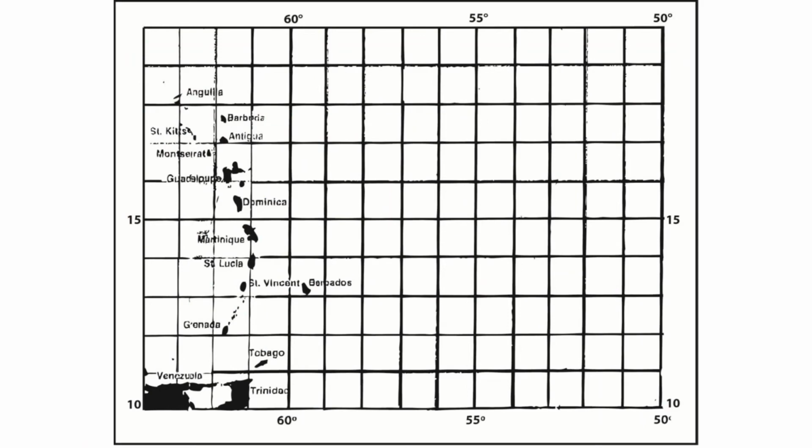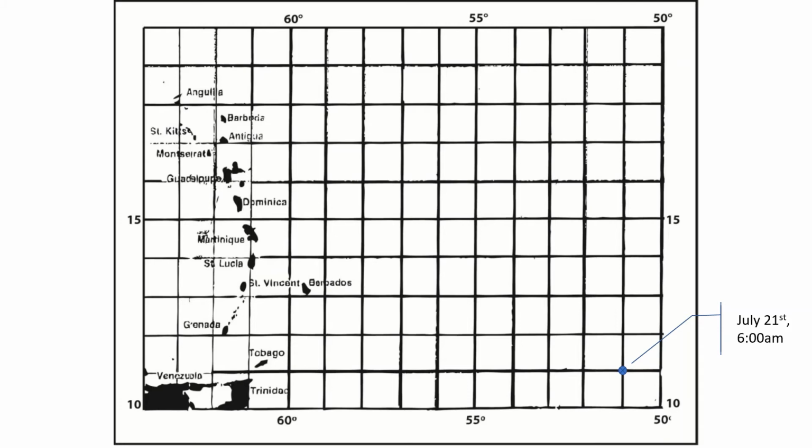One line up from 10 degrees north is 11 degrees north, and one line across from 50 degrees west is 51 degrees west. And that's our first point. The second location is 13 degrees north, 56 degrees west. Tracing our lines, we are able to plot this point at its location on the map as well.